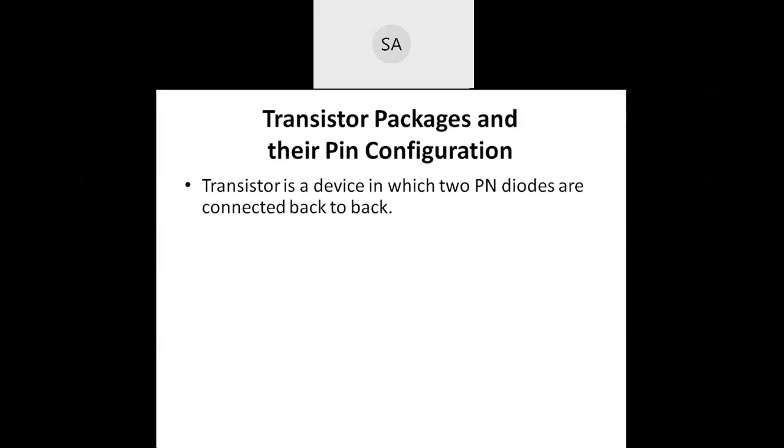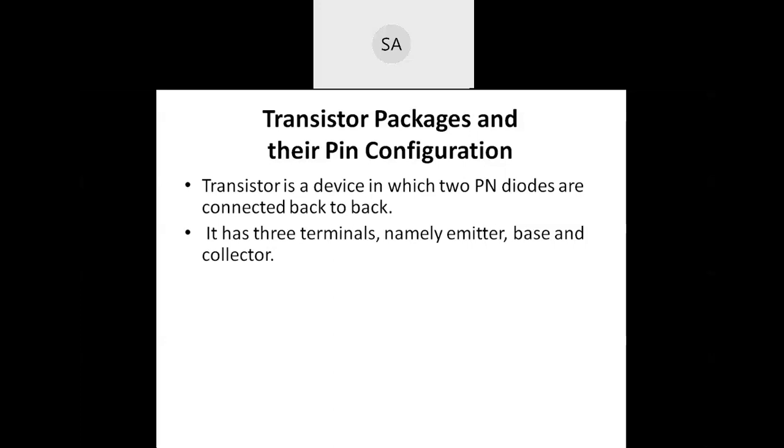We know that in NPN and PNP transistors the two diodes are connected back to back, as we discussed in the previous lecture. Whenever one layer is sandwiched between two other layers, two junctions are formed: three layers and three terminals, namely emitter, base, and collector. The base to emitter junction we call the emitter junction, and the base to collector junction we call the collector junction, JC.